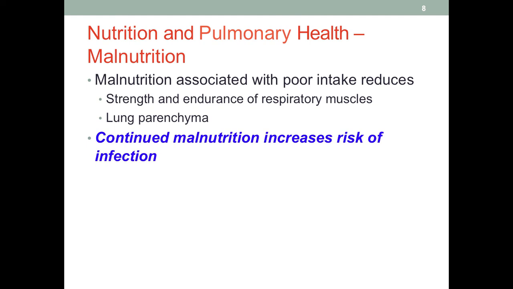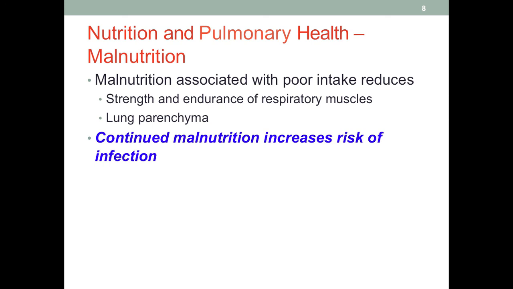So, as people with malnutrition lose lean muscle mass, this includes their respiratory muscle, and they may be too weak and lose the ability to cough up unwanted things, and their body's just too weak to do some of the normal functions that it would do.